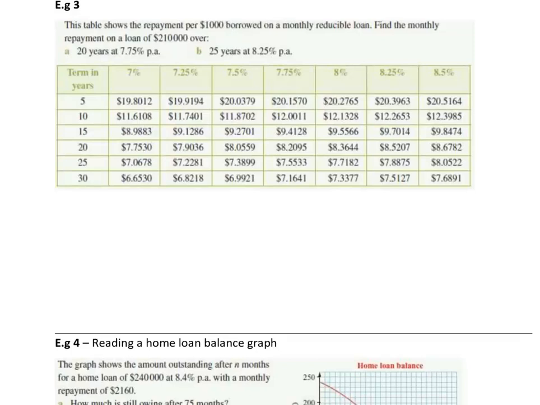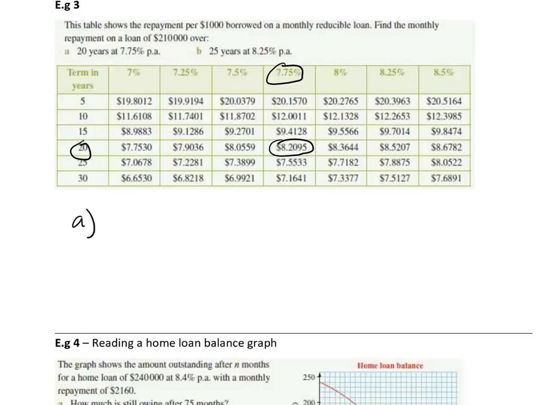So again, we need to find the right row. So we're at 7.75%. We're at 20 years. So our value is this one. And we need to multiply that for every 1,000 that we're borrowing. Because we're borrowing 210,000, we multiply that value by 210.